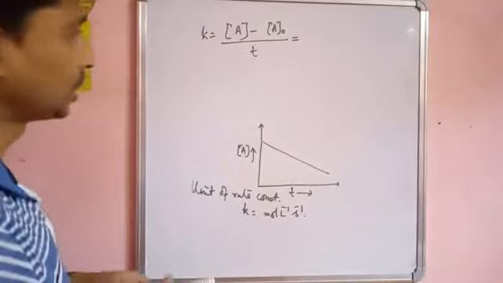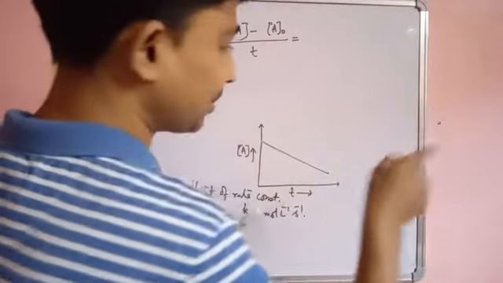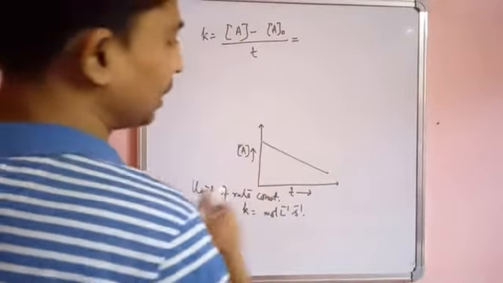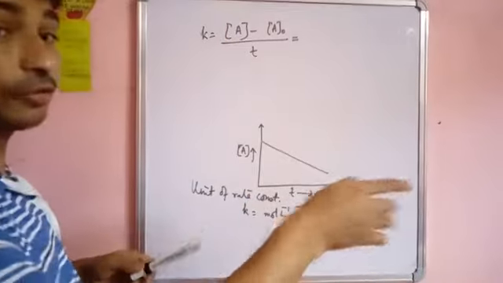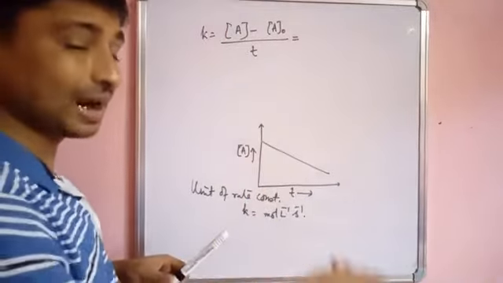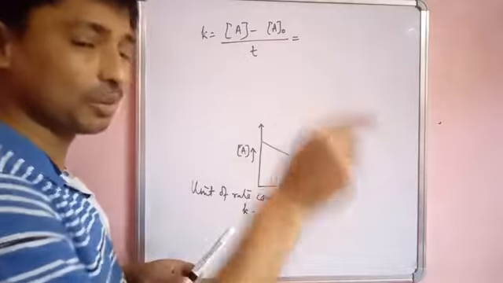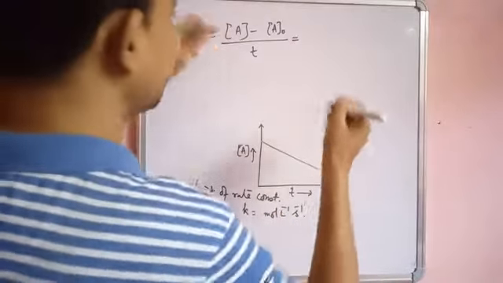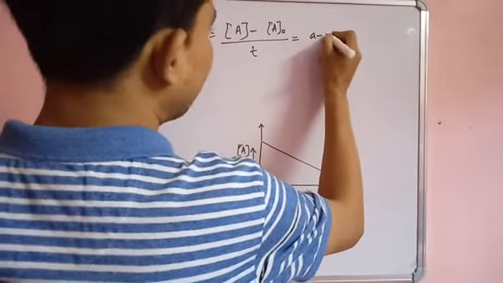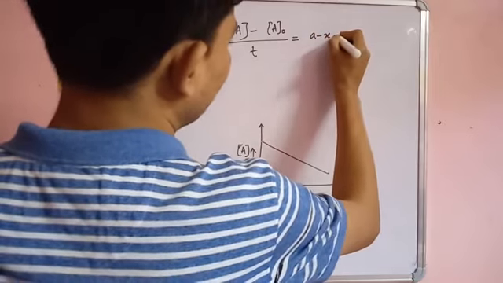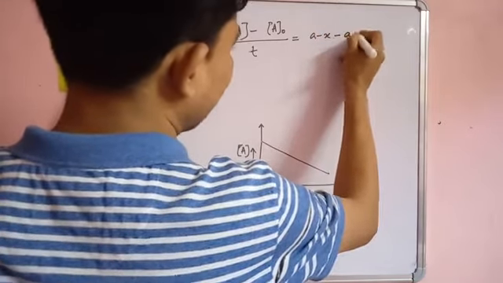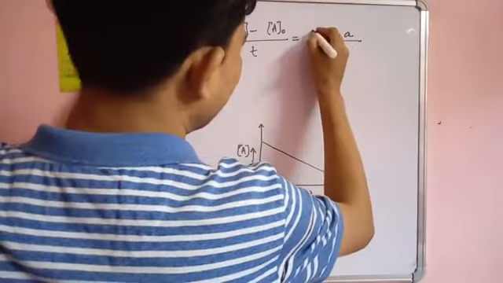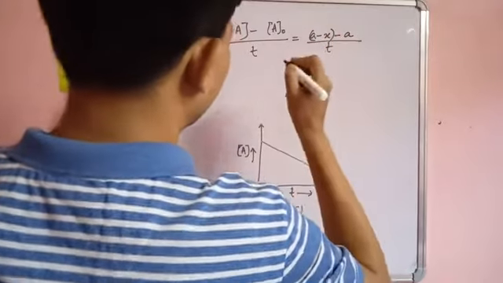The final concentration, as we wrote just now, is in terms of small a minus x, and the initial concentration is small a.